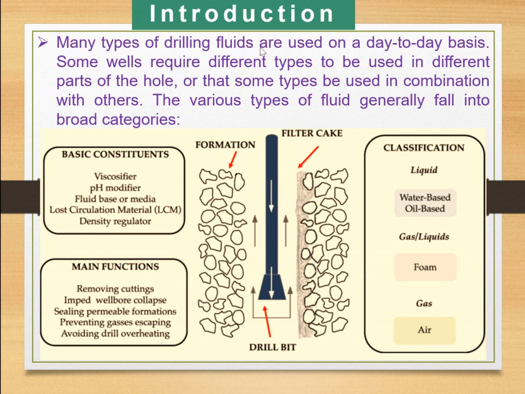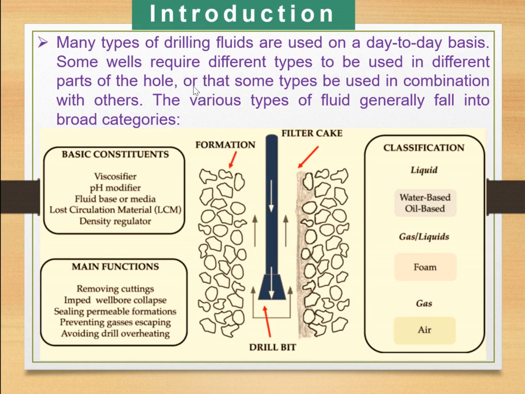Many types of drilling fluids are used on a day-to-day basis. Some wells require different types to be used in different parts of the hole. Suppose, for example, in a particular borehole, from the top up to 10 or 20 meters we are getting sandstone, then suddenly shale, then limestone appears. So depth wise, rock conditions change.